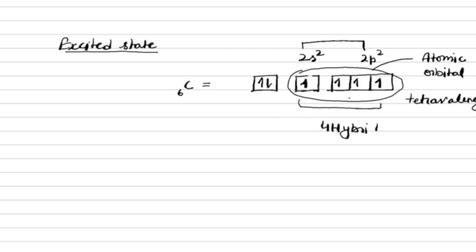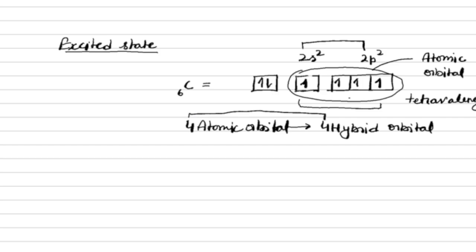So this is the rule. Remember that if we mix four atomic orbitals, so here are four atomic orbitals, if they overlap, the number remains the same, giving four hybrid orbitals. So what kind of hybrid orbitals will we get if all these four of the second shell overlap with each other?